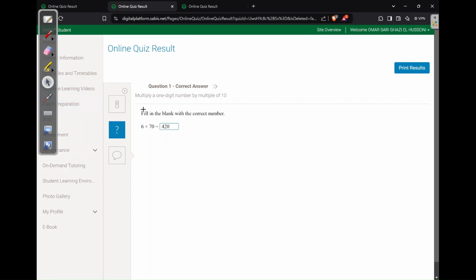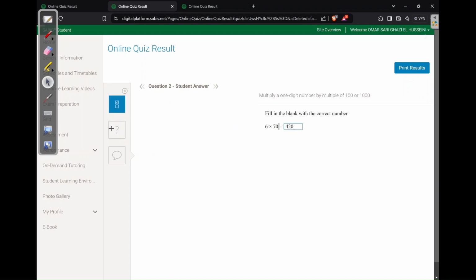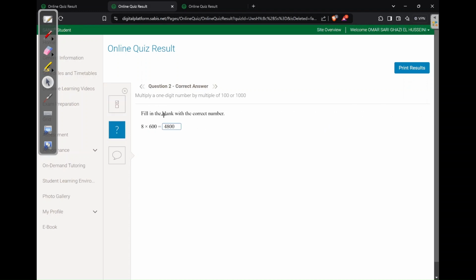Question 1. 6 times 7 equals 42, we'll do it easily first, and then there's a 0 here, so we make it 420. 8 times 600. 8 times 6 equals 48.